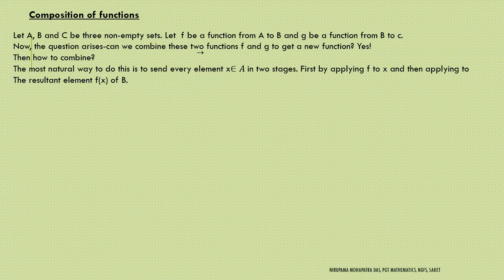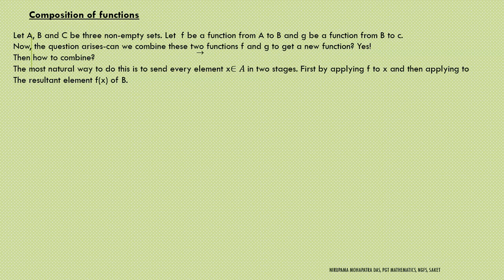in two stages. The first stage is we apply f to x. So applying f to x means what? As you know, whenever we say f is a function from A to B, it means the elements of A and B are associated by a rule.